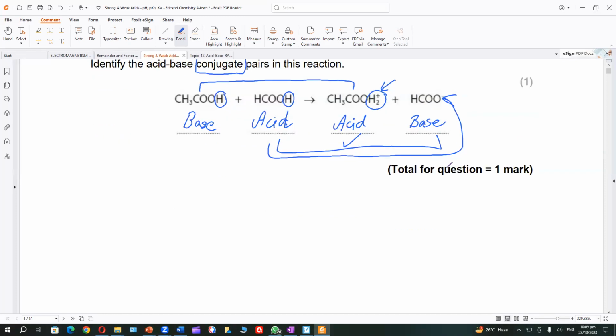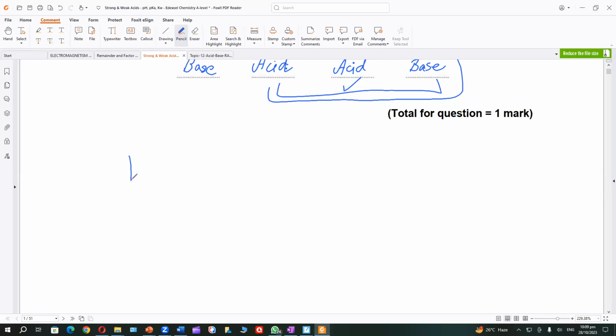So if we summarize now, we make a summary here. This is a substance X. It is gaining electron, and this is a substance Y. It has a tendency to give electron. Now identify who is X, who is Y. Acid is an electron acceptor and base is an electron donor.